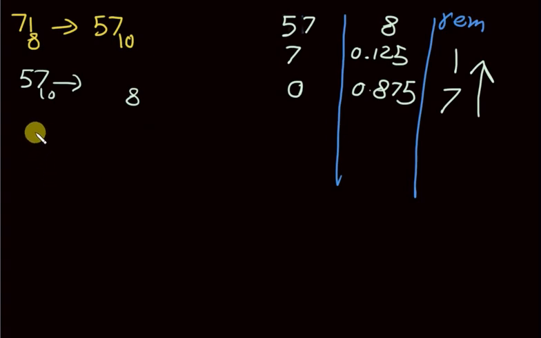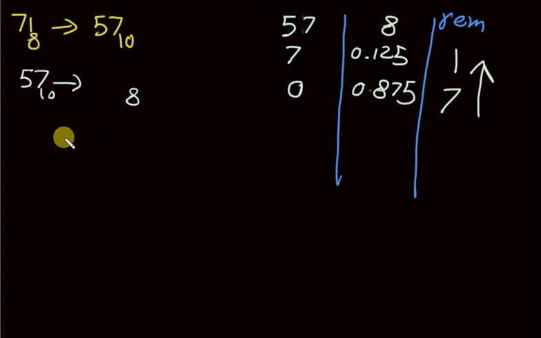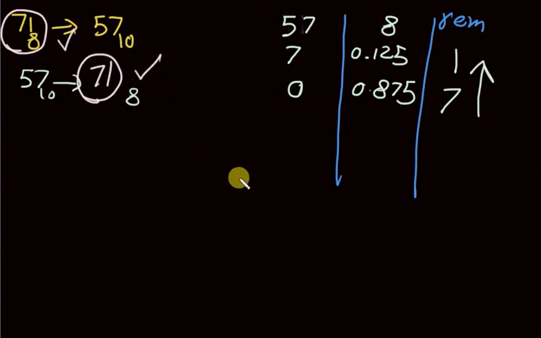That means it will give me 71, and this 71 is equal to this 71. That means the way that we did it, converted to binary and then converted to the other number, works. Because we prove that 71 is equal to 71 after using 57.